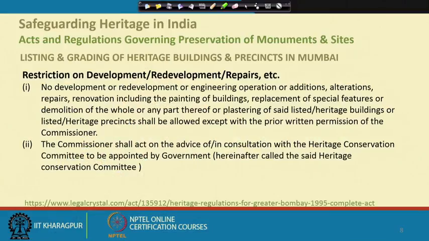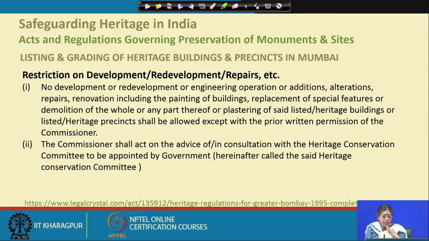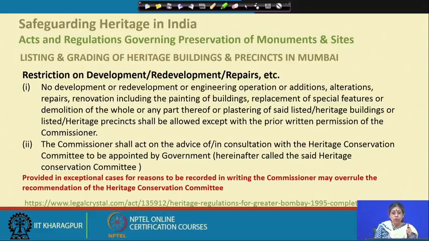Now, what is important is that it has an advisory role. It gives advice to the commissioner. The commissioner shall act on the advice, but in very exceptional cases, for reasons to be recorded in writing, the commissioner may overrule the recommendation of the Heritage Conservation Committee. We have seen that even in the Main Street program and other programs, they say that it has to be flexible.